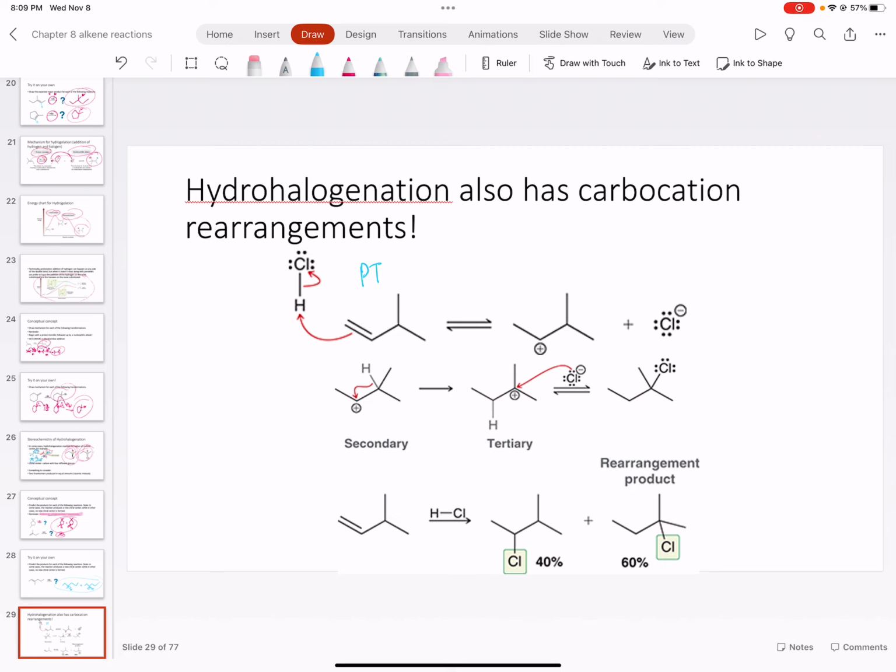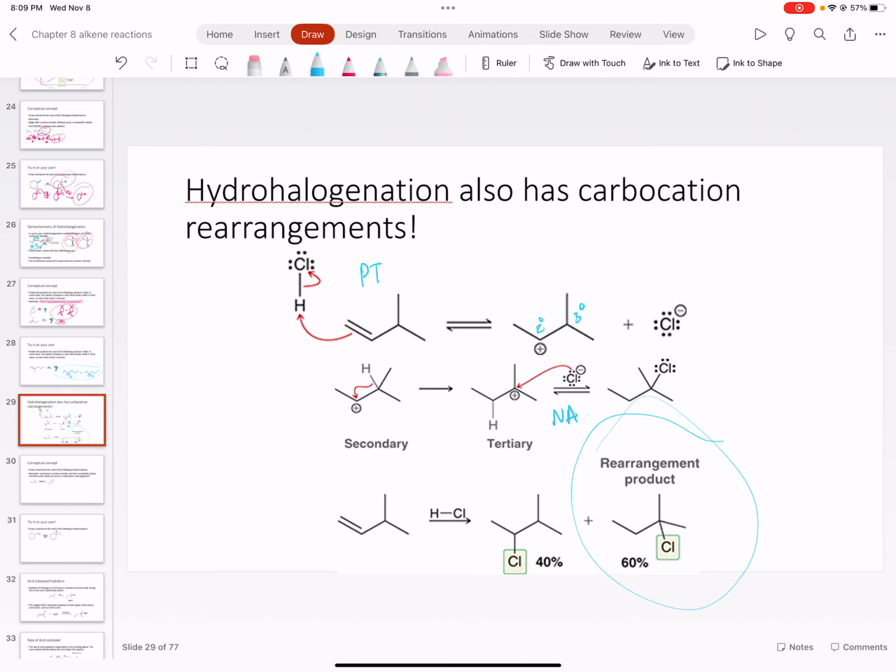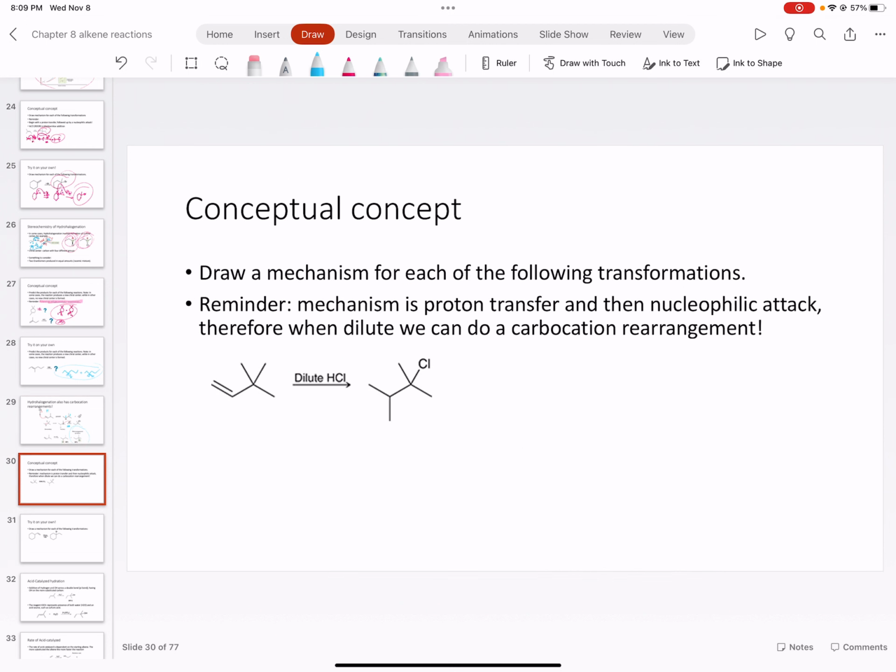But then, if we can go from a secondary to tertiary, we are going to do that methyl or hydride shift, make that carbocation tertiary, and then do a nucleophilic attack, and we're going to prefer that rearrangement product. But carbocation rearrangements only happen when it says that we have dilute, so that is something else to consider.